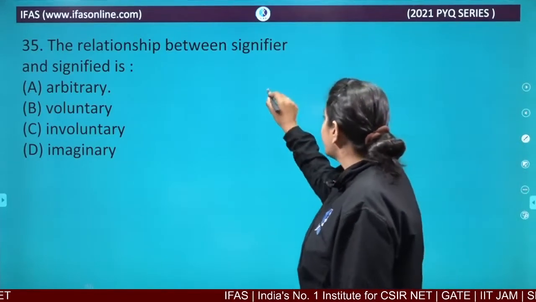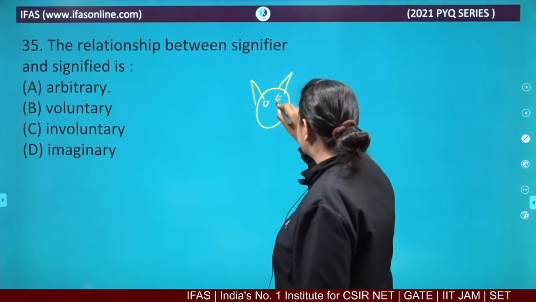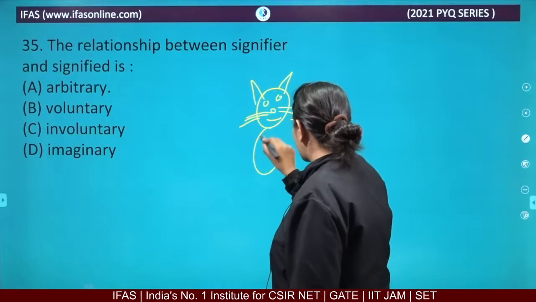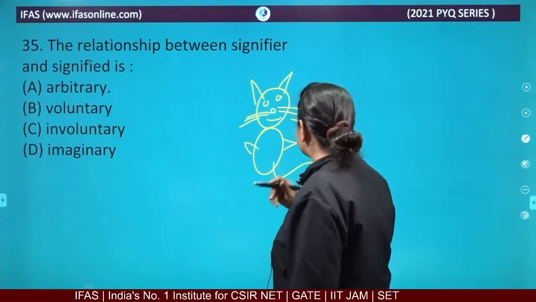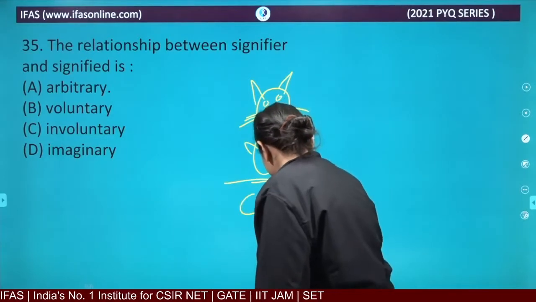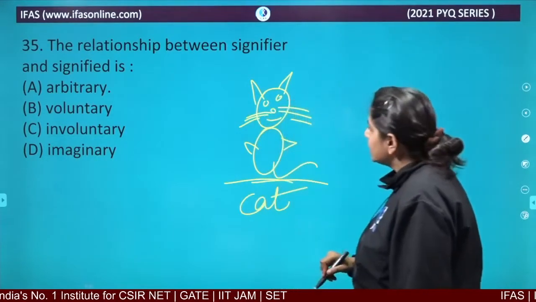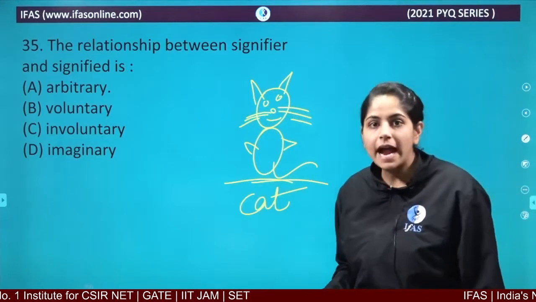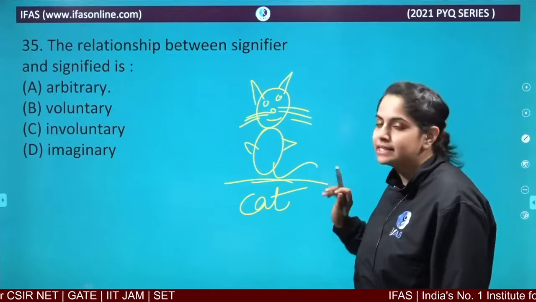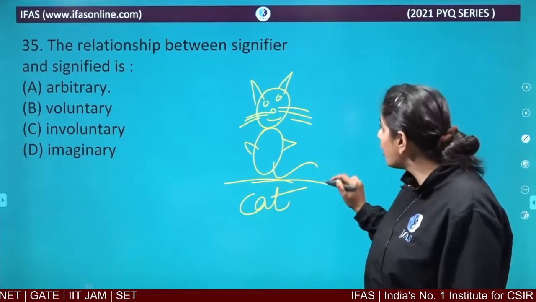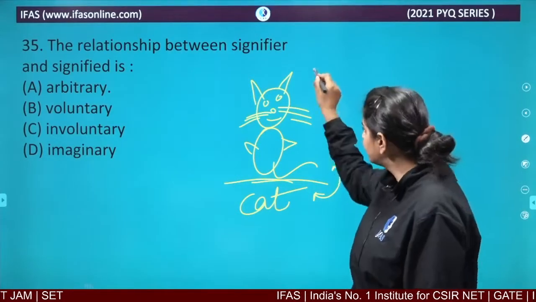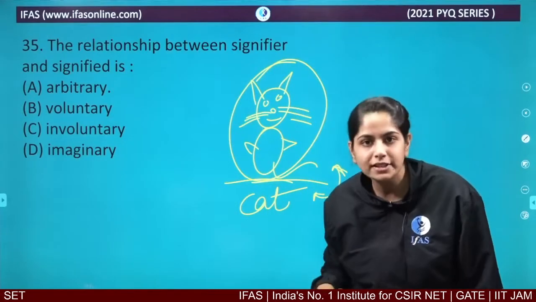If I draw a picture like this, and I say this is a cat, here there is a signifier and there is a signified. Now, have you ever thought about why this kind of creature is called a cat?